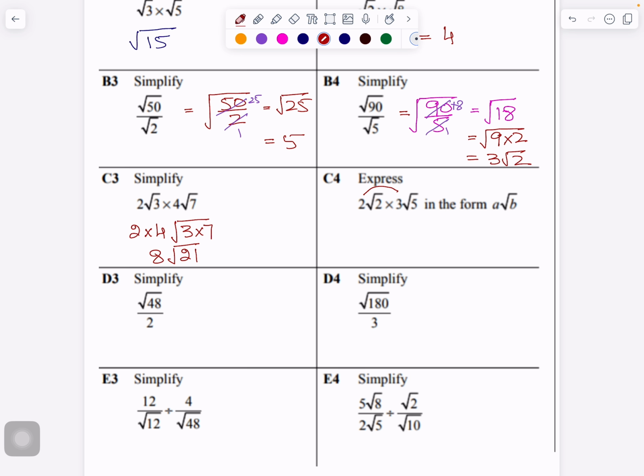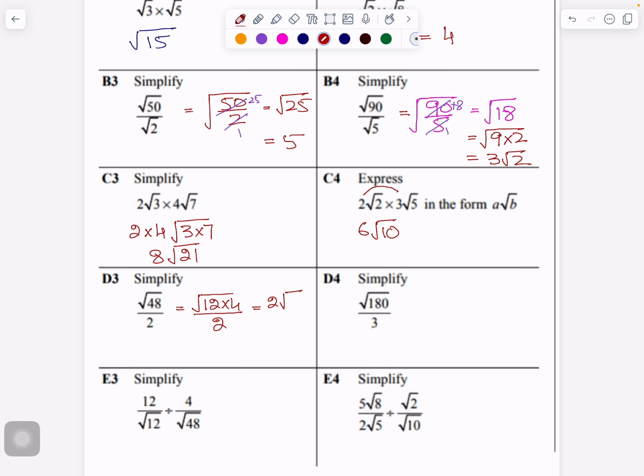3 2s are 6, 5 2s are 10. Root multiplied by root, number outside, rational number multiplied by rational number. Root 4 is 2.